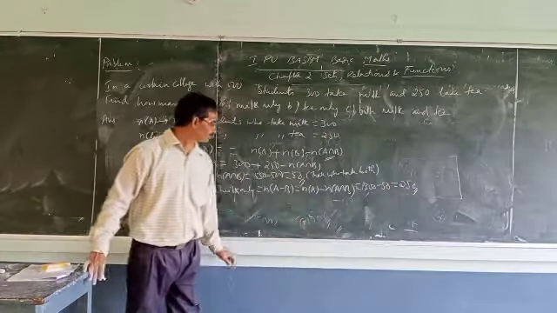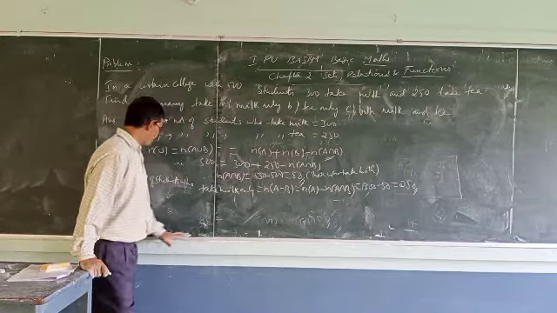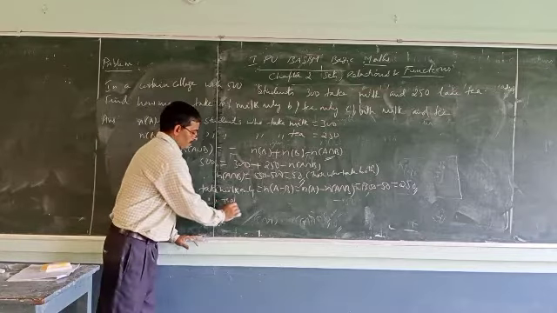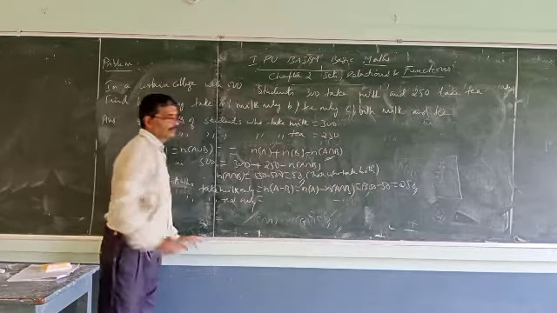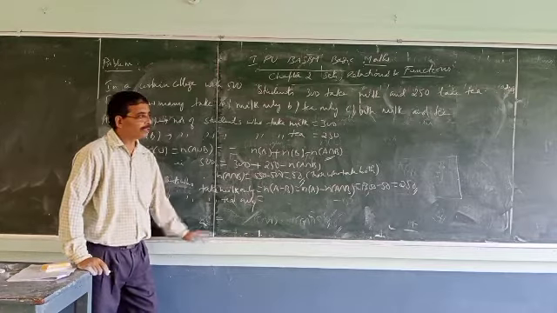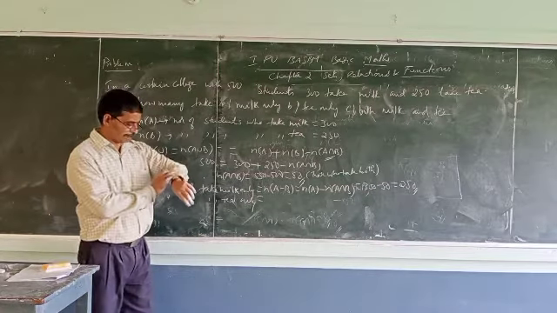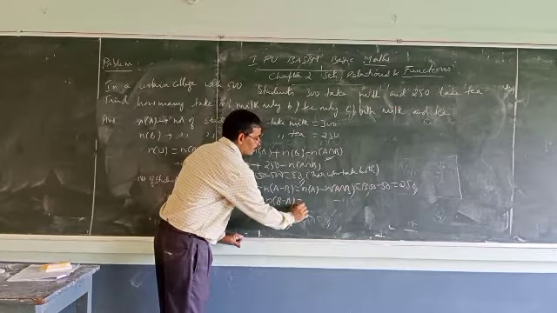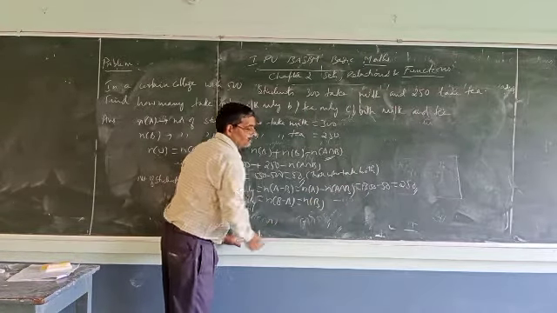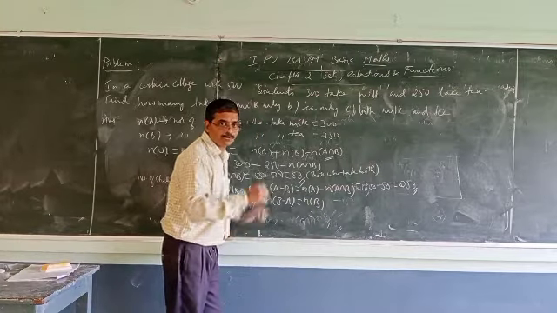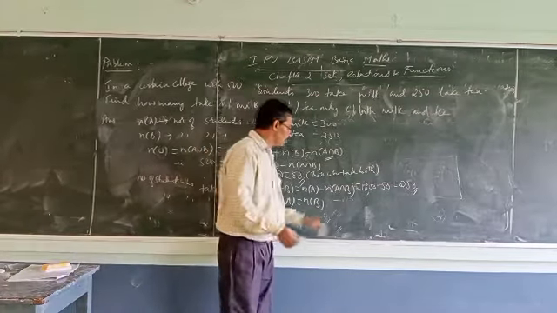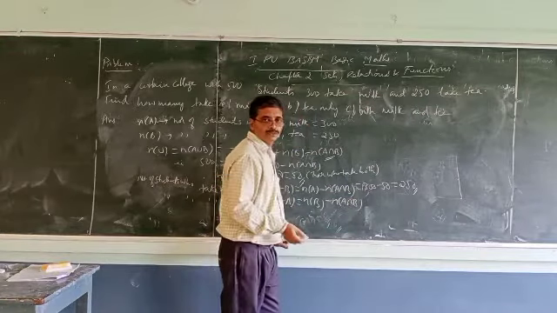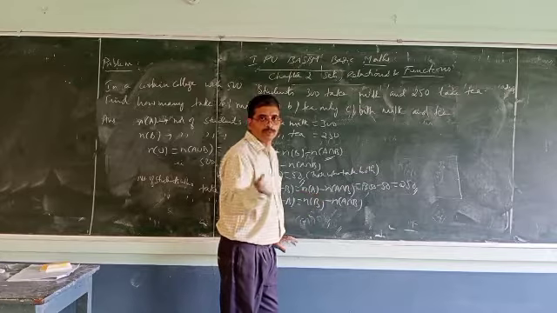Similarly, the last part, the number of students who take tea only, same method. Tea only is N of B minus A. N of B minus A equals N of B, and from this we remove the common part, that is N of A intersection B. Those who take both should be removed.